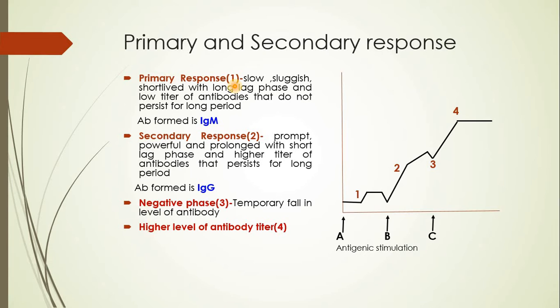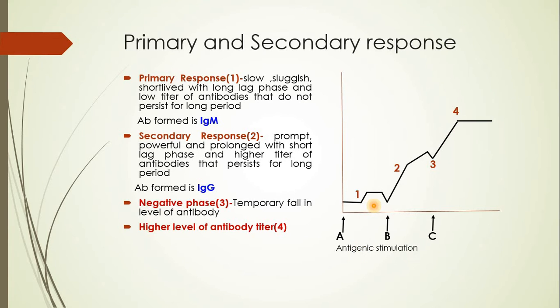In case of primary response, we can say that this is slow, sluggish, very short-lived, and it has a very long lag phase. It is shown graphically here. If you see the remaining, you can make out the difference that the lag phase for primary response happens to be very long as compared to any of the responses shown by the same antigen, right?